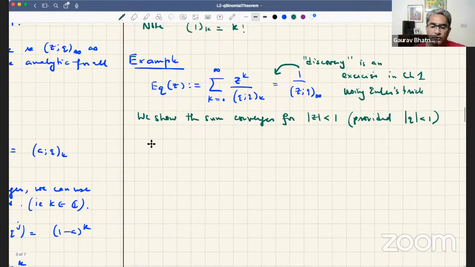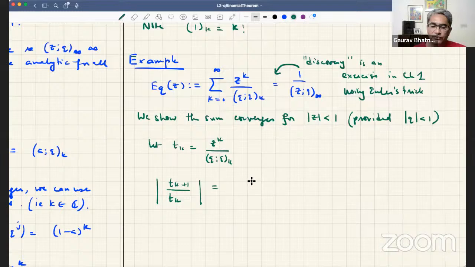How do we do that? Let's do the ratio test. Let t_k be equal to z^k over (q;q)_k. Then the absolute value of t_(k+1) over t_k is z^(k+1) over z^k.